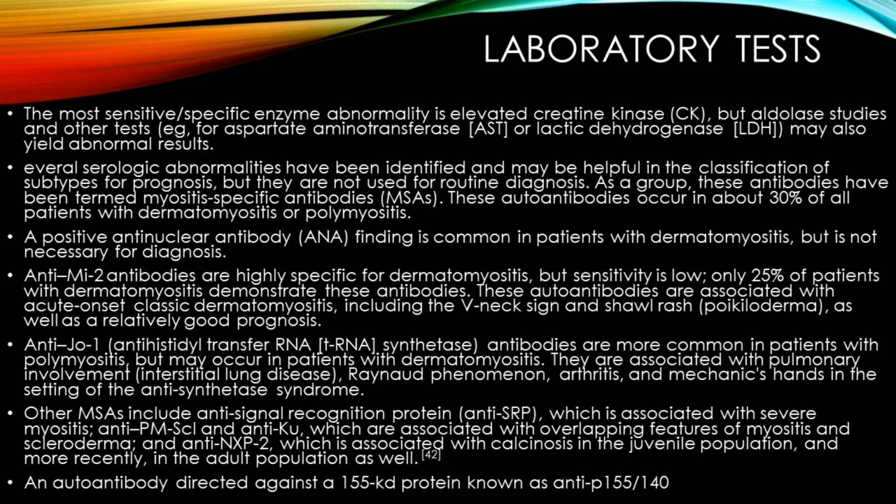Other myositis-specific autoantibodies include anti-signal recognition particle, anti-SRP, which is associated with severe myositis, anti-PM-Scl and anti-Ku, which are associated with overlapping features of myositis and scleroderma, and anti-NXP2, which is associated with calcinosis in the juvenile population and more recently in the adult population as well.